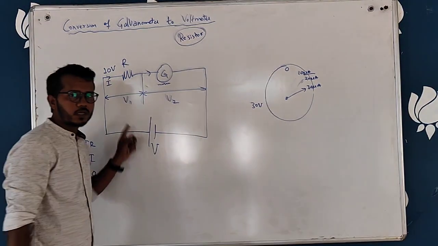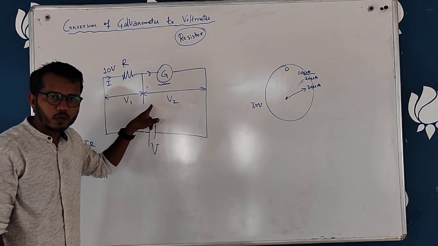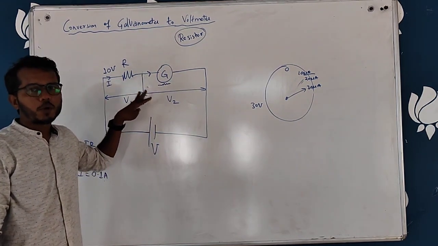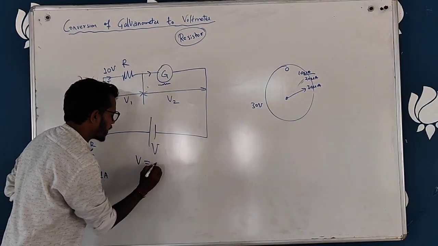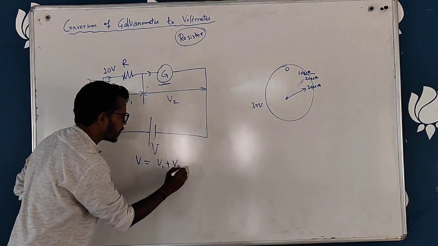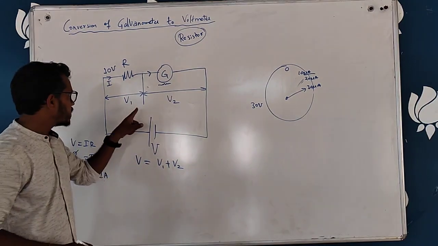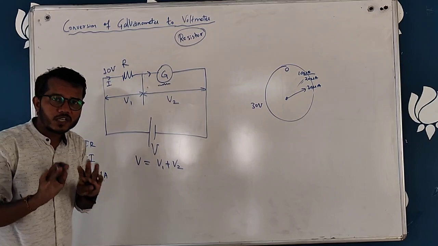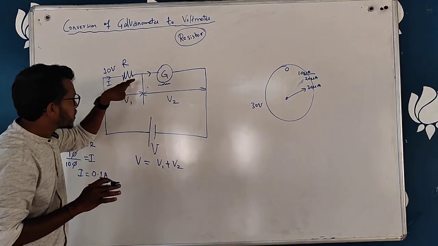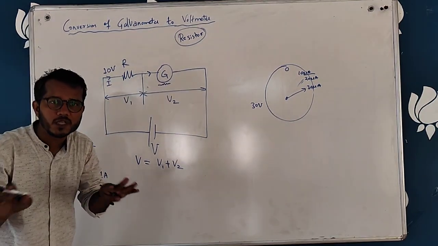For a series connection, the potential drop is equal to the sum of the individual potential drops across each resistor. So we can write V is equal to V1 plus V2. And in the series connection, the current flowing through this resistor as well as the galvanometer will be the same.